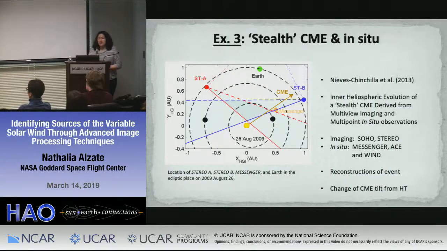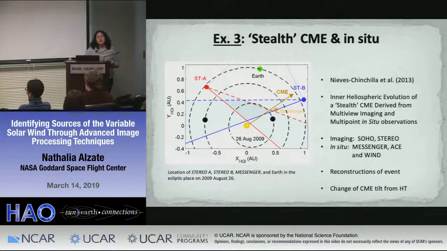So the third and final example of this linking in situ to the low corona: I just stumbled upon this paper on Monday, and I don't know why I never saw it when I did the stealth work, since it was published in 2013, and I started the stealth work in 2014. Also, the first author's office is three doors down from mine, so I took advantage of that and talked to her about it.